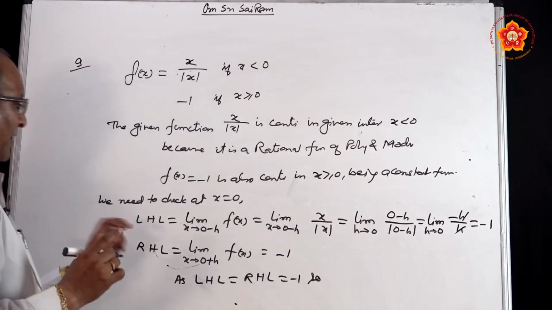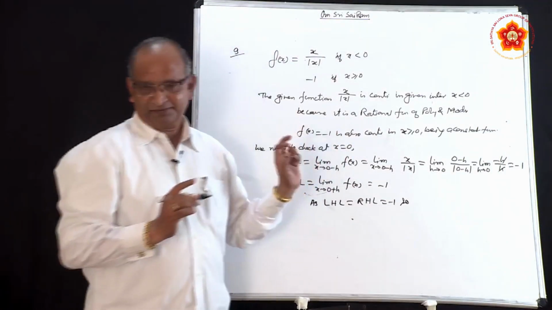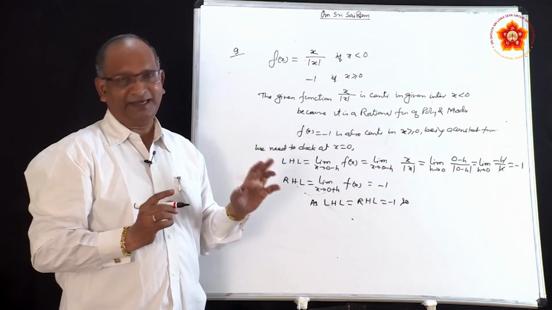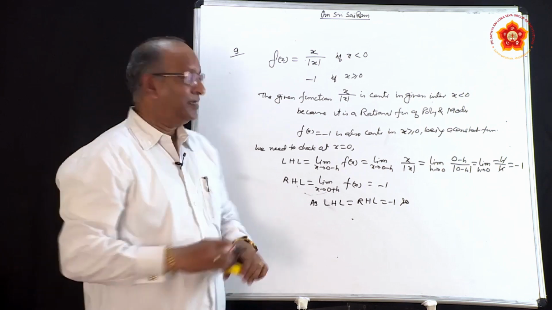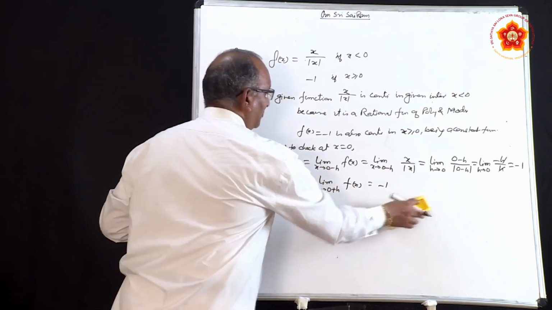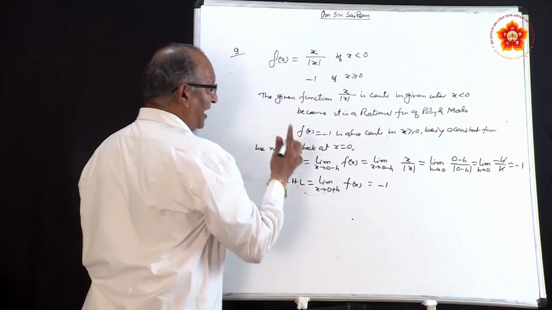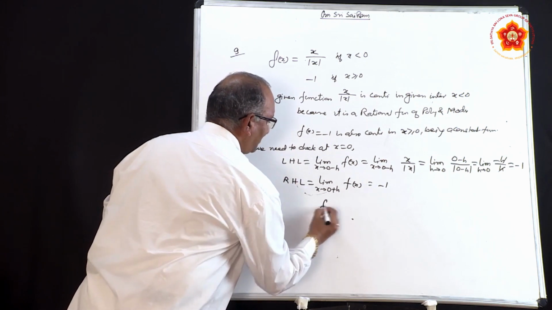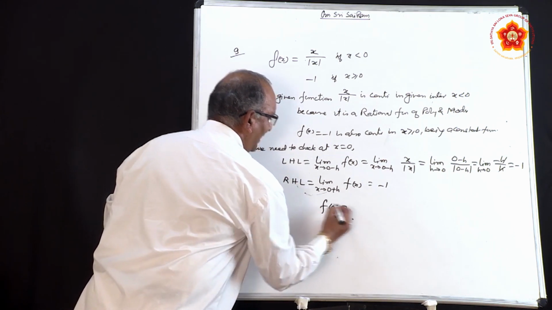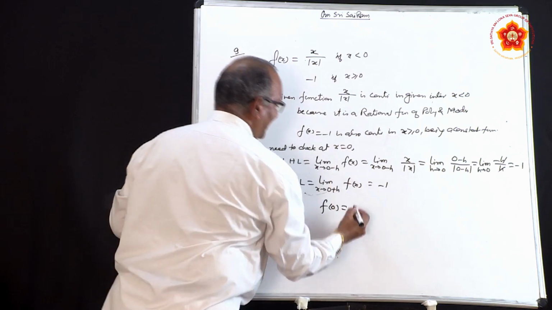Yes, we need to check one more thing which we have missed, the second condition. What is the second condition? We found the limit, now find out the value of the function. What is the value of the function? f of 0. At x equal to 0, it is again minus 1.